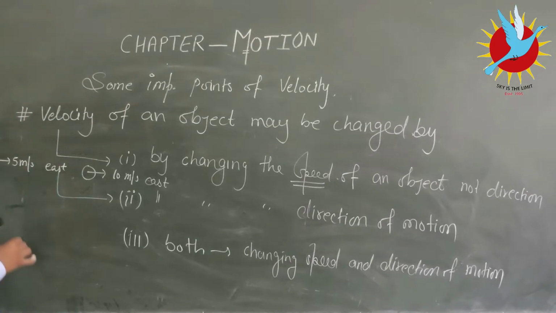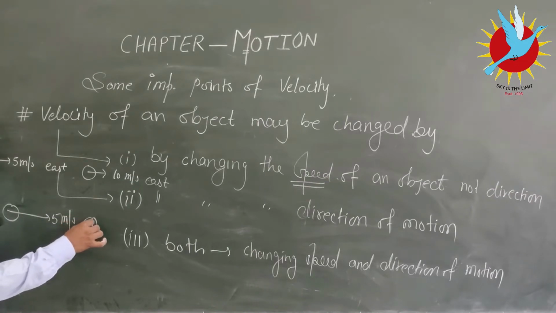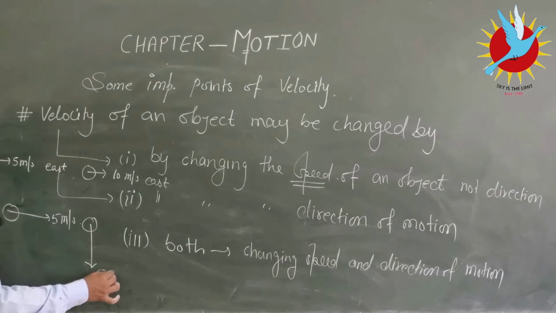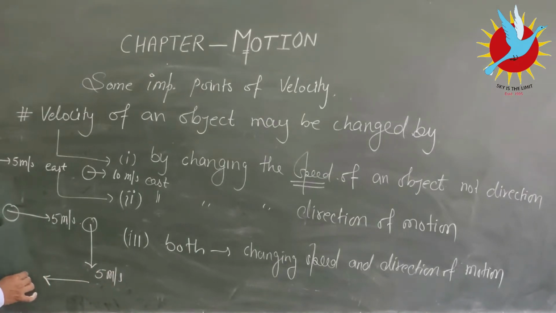In the second case, an object is moving 5 meter per second in the east direction, then after some time it changes direction, but its speed is the same, 5 meter per second. Again it changes direction, but speed is the same. Then again the velocity of the object changes.